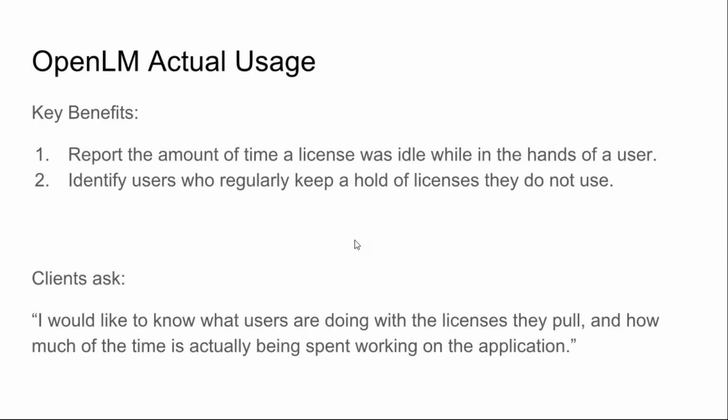Maybe he had a meeting for half of the day, maybe he went home, and you see idle time of like 4 hours, and in this case you'll be able to know. You'll get a full report about it.